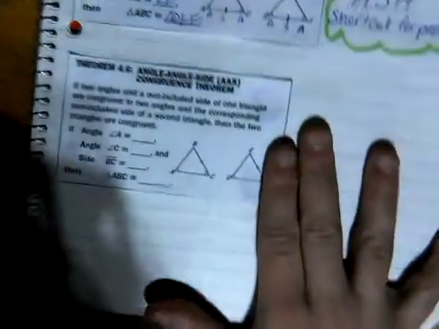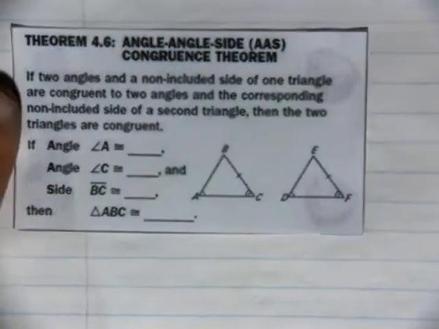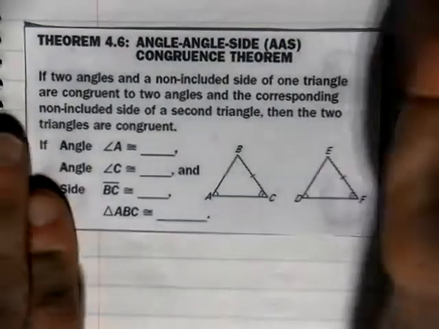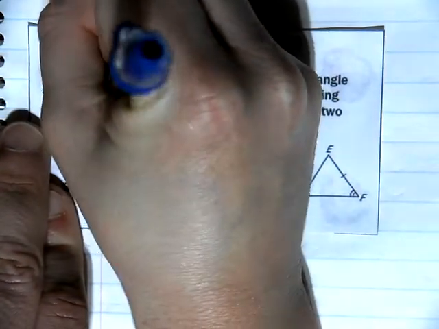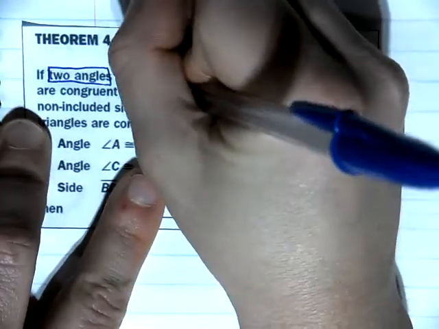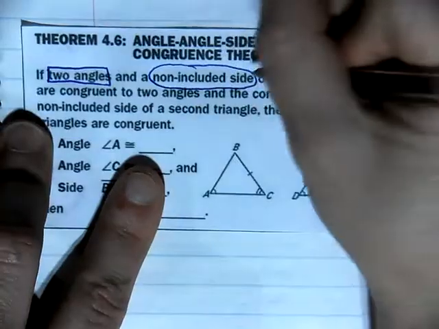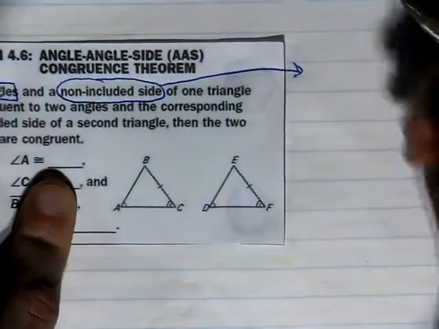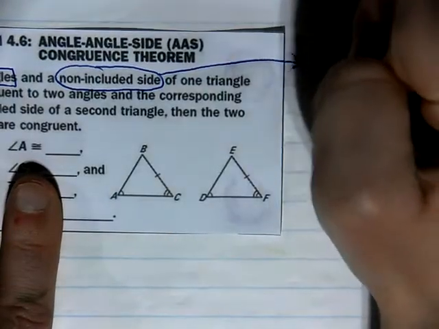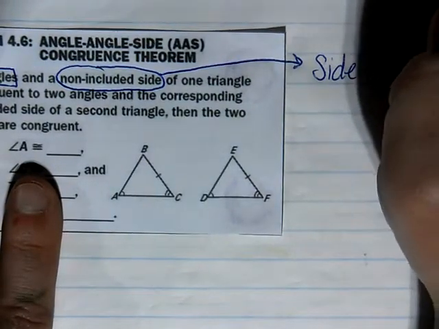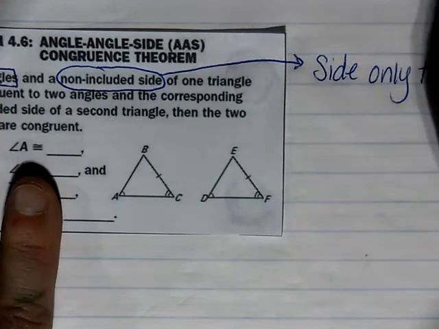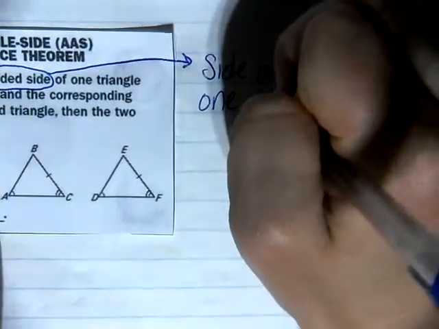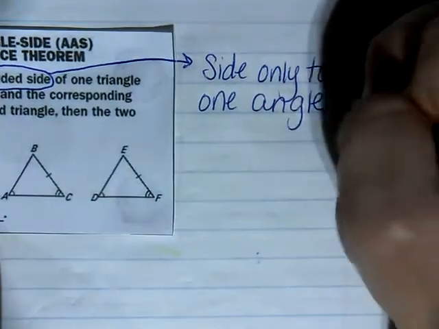All right, so this next one is angle, angle, side. If you see in two triangles that you have two angles and the non-included side, the non-included side means we're talking about the side that only touches one angle, not both.